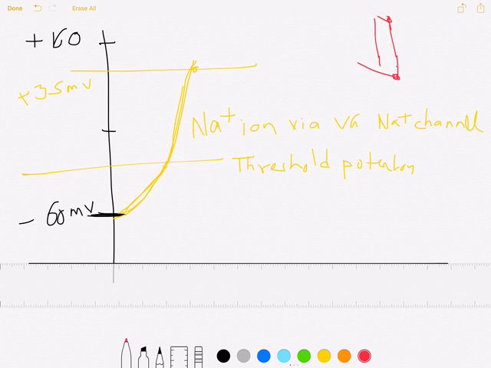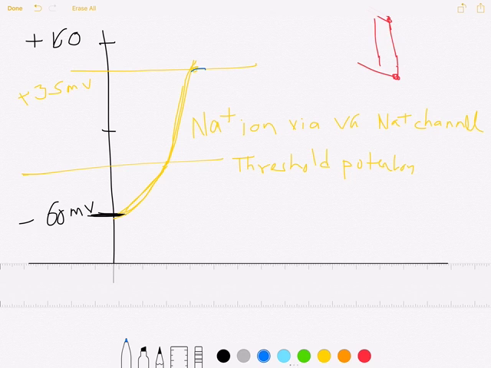So sodium conductance stops. Now at this stage, as we discussed, there's another ion here called potassium, right? Sodium conduction is almost nil at this point because of closing of the inactivation gate.